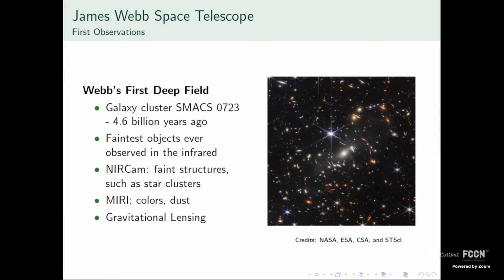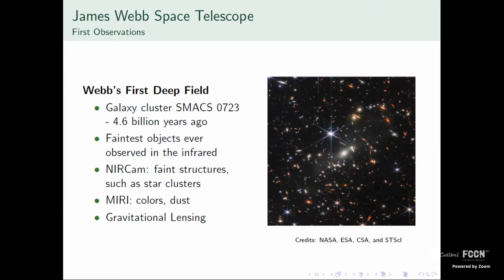And thanks to the NIRCam, we can see very faint structures like star clusters. And with the MIRI instrument, we can see the various colors of the galaxies. So we can see blue galaxies. Blue galaxies are the ones that are active, that are forming stars. We can also see plenty of red galaxies. So these are the ones that are very rich in dust. And we can also see some green galaxies, and these are the ones that are rich in hydrocarbons.